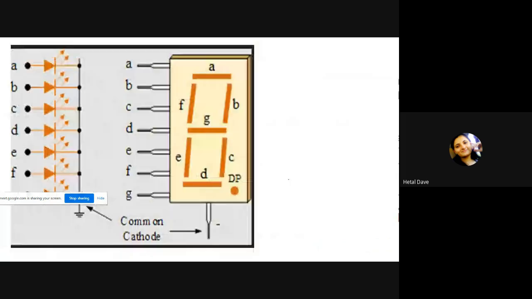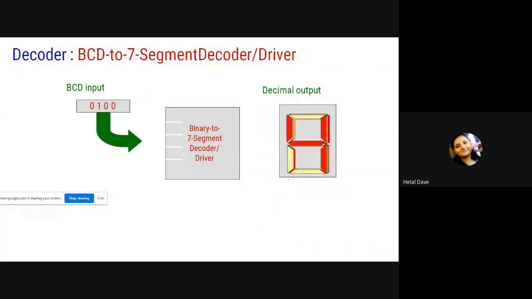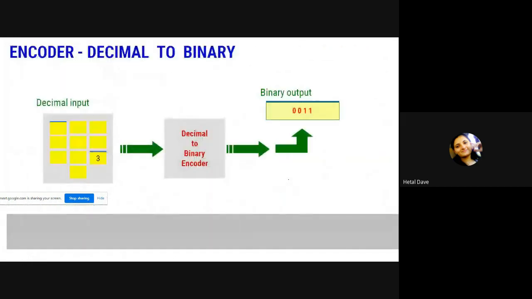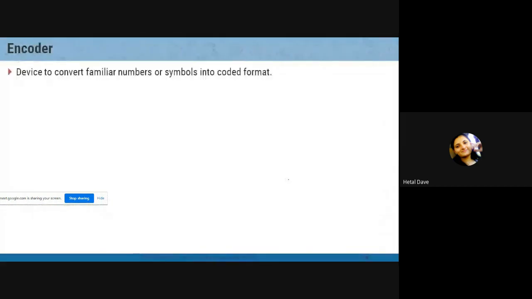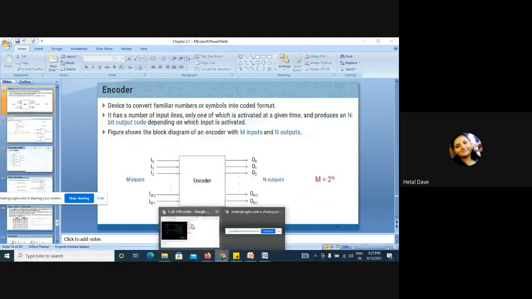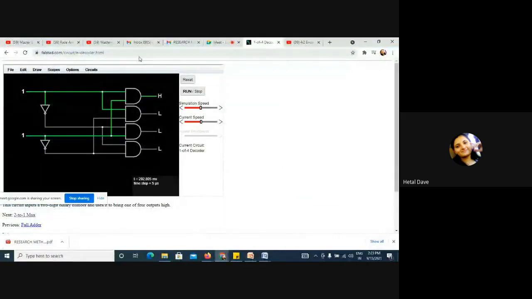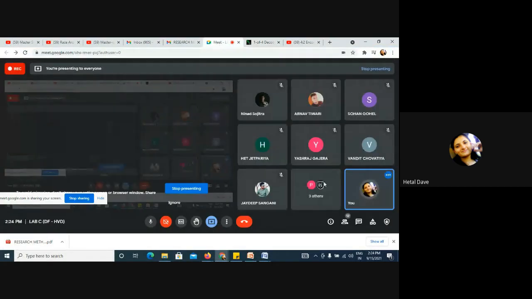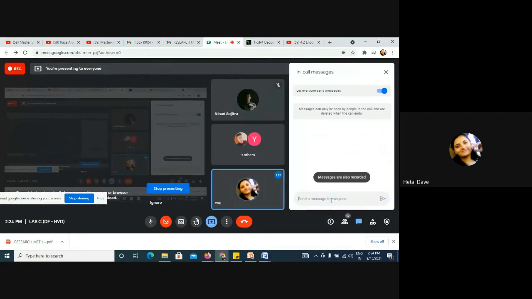Okay, the next circuit is the encoder. So let me first of all open the encoder. Now before starting the encoder, again one animation is there. I am going to put this animation link in the chat box so you can refer to it.